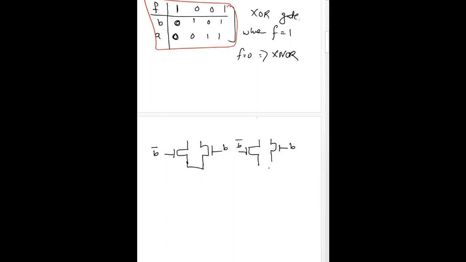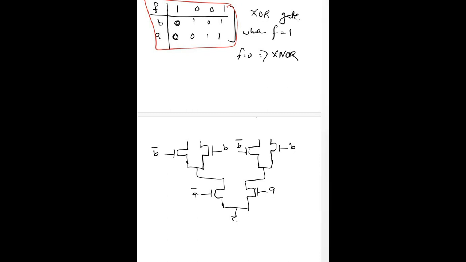These are common here, and we have stage 1 here, this represents A bar and this represents A. These are connected to ground. Now we have to decide which paths connect to F1 and which path connects to F0.